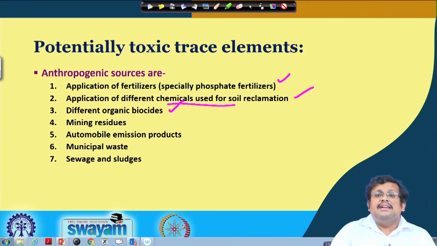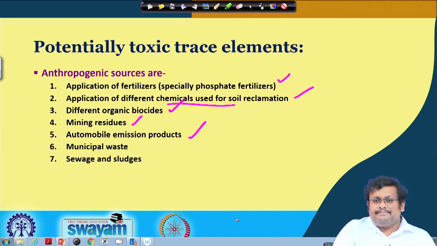Different organic biocides. Pesticide is one of the major sources of these toxic trace elements. Pesticides contain these toxic trace elements, and when we apply pesticides to the soil, they remain in the soil, they are persistent in nature, and simultaneously these organic toxic elements also remain in the soil. Mining residues are one of the major contributors of these trace elements.